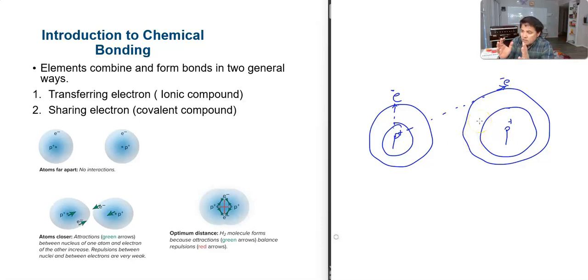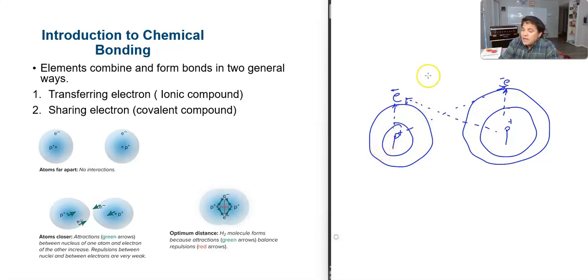If they come closer, then this proton feels not only its own electron, but also the other atom's electron. And similarly, that proton attracts this electron also.